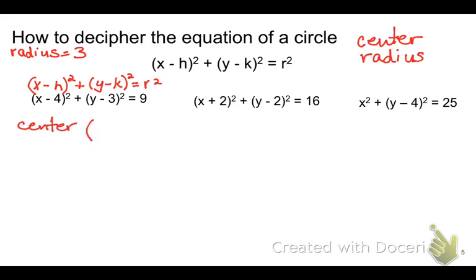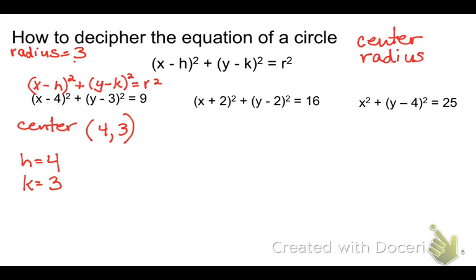Remember the equation is x minus h, so we have x minus 4, so h is equal to 4, and that's the x-coordinate of the center. And our equation is y minus k, so y minus 3, and k must equal 3. So here is our center, 4, 3. We could plot our center, 4, 3, and use our compass to trace out a circle that is 3 units away from the center.